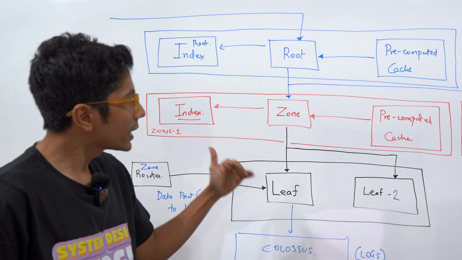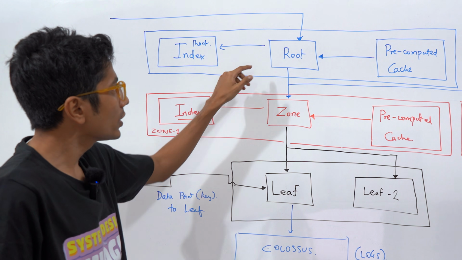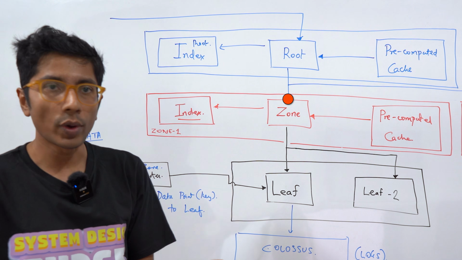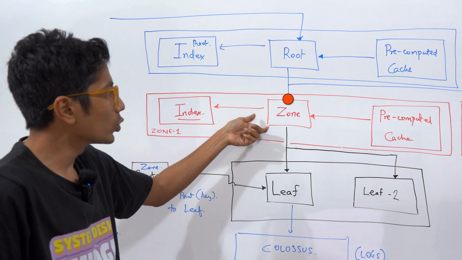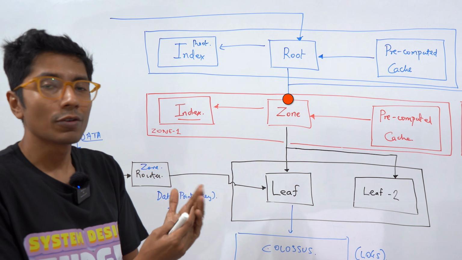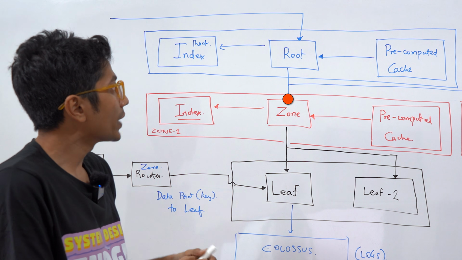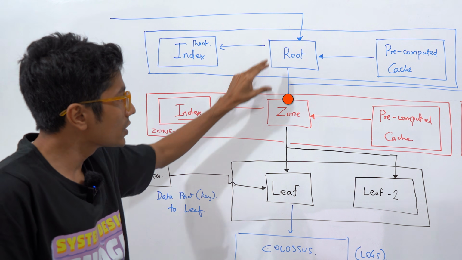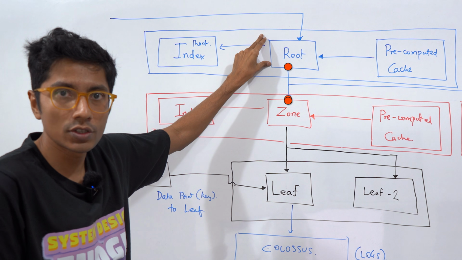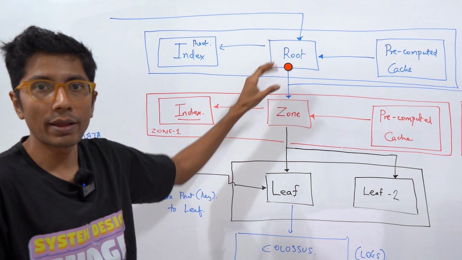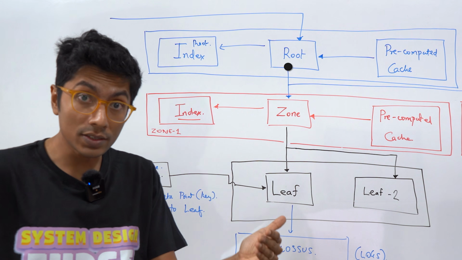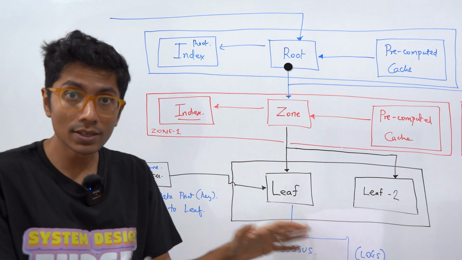There's 2 other things which increase availability of the system. One is when a root is trying to get a query from a zone. If the zone is not responding for the first 5 seconds, and let's say the request timeout in total is 10 seconds, then what the root expects is the zone to start giving partial results. So this is called a soft timeout. In case you don't give me any results in the first 5 seconds, I'll cancel the query.